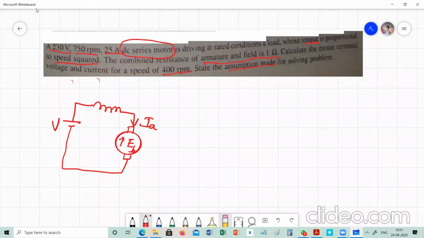Now we will state the cases that are given. In case 1, the terminal voltage is given as 230 volt. V is equal to 230 volt, which I will call V1.